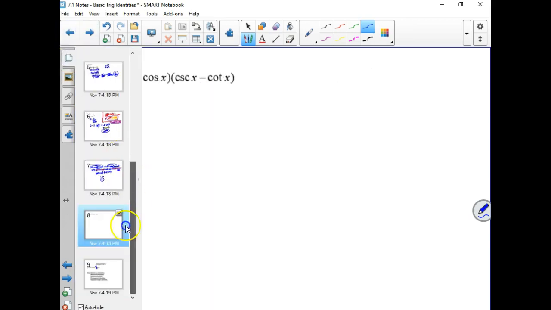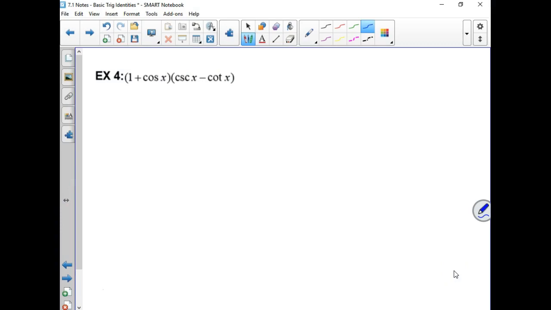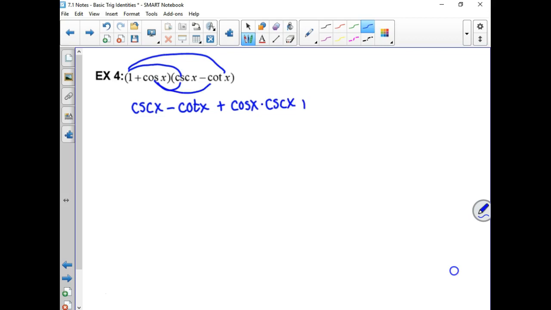Okay. And here's our last example that we are going to do. Here we're also going to have to FOIL. So if we multiply, we get cosecant x minus cotangent x, and then plus cosine x times cosecant x, and then plus cosine x times cotangent x, and actually that should be a minus sign right there.